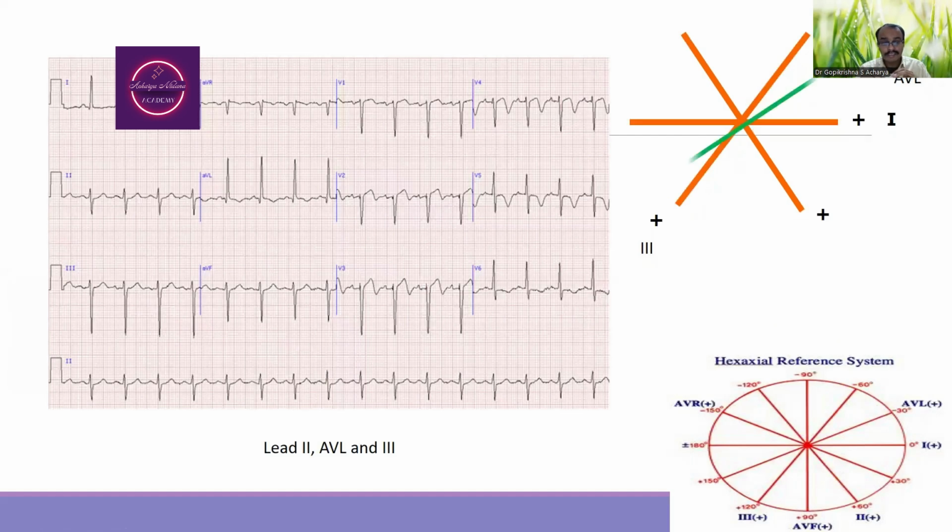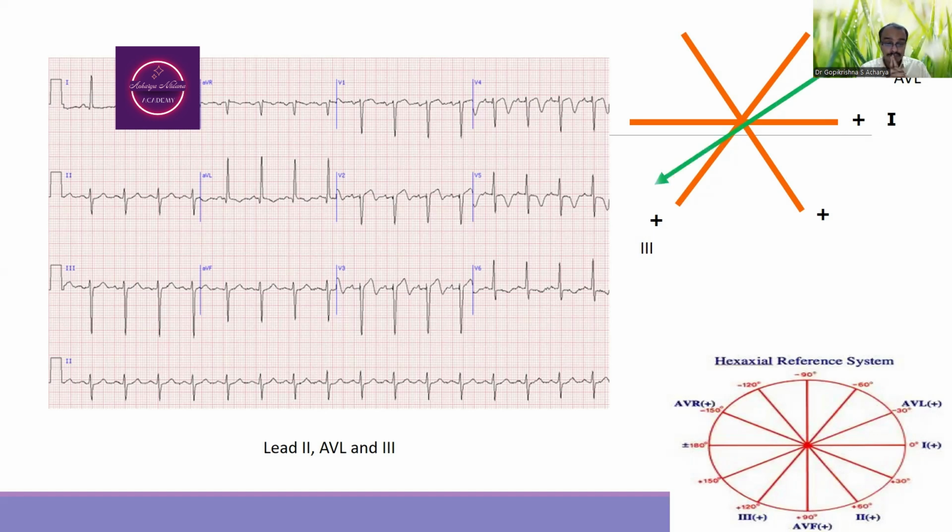In this particular example, the lead that is almost having the equiphasic deflection, again, is lead 2. When you think about that, the electrical axis will be perpendicular to lead 2. The adjacent leads that we need to look into are AVL and lead 3.